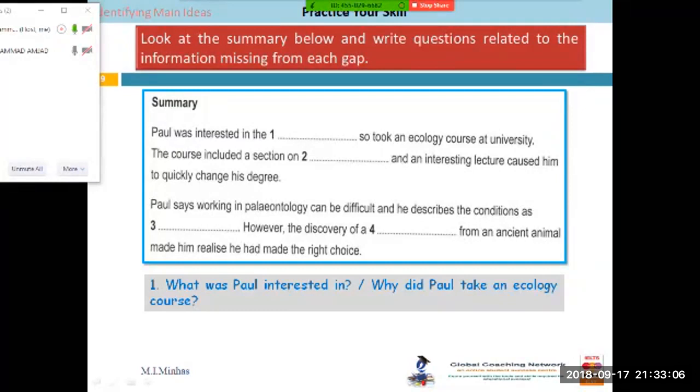The course included a section on something, again a noun, and an interesting lecture caused him to quickly change his degree. Paul says working in paleontology can be difficult, and he describes the conditions as dash. What kind of conditions are there in this profession that we need to know? Then, however, the discovery of a dash from an ancient animal made him realize he had made the right choice, right decision, right?